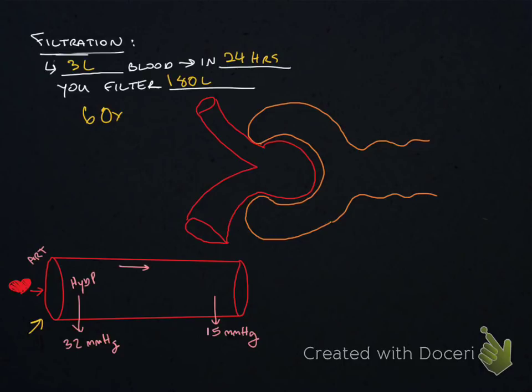Now the other force is osmotic pressure, and it does not change across the capillary. Let's say it's between 25 to 30 millimeters of mercury. This is osmotic pressure, and that's due, remember, to the plasma proteins found in the plasma that pull water back in.